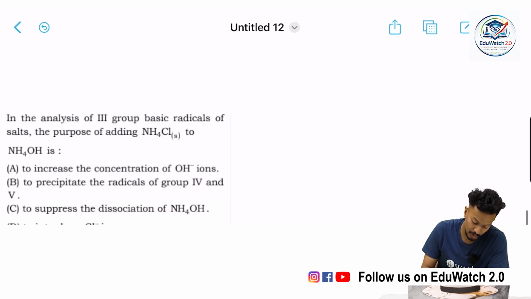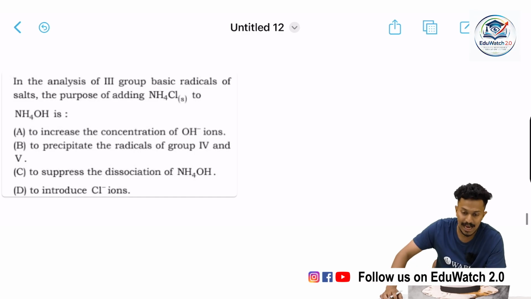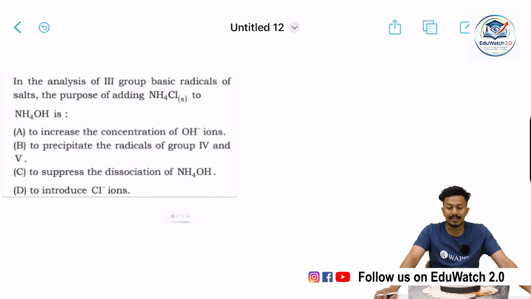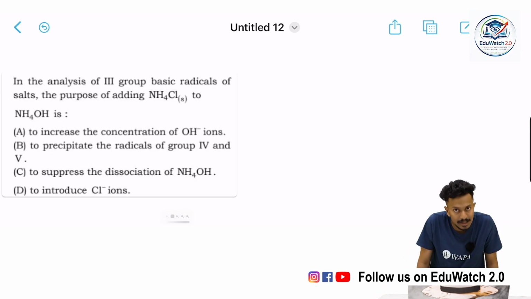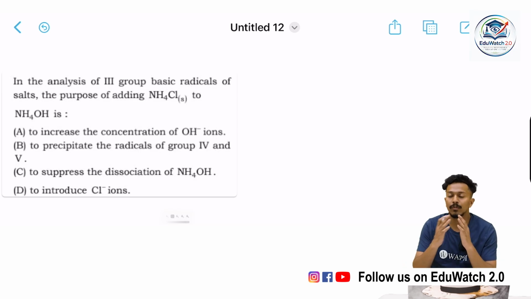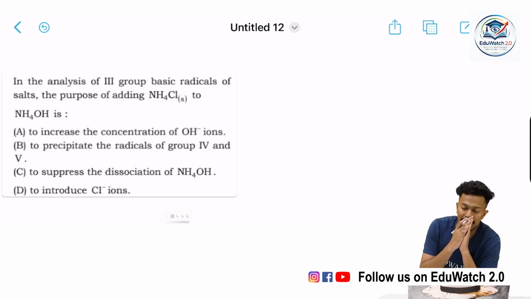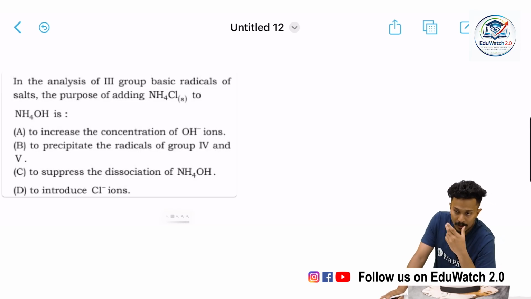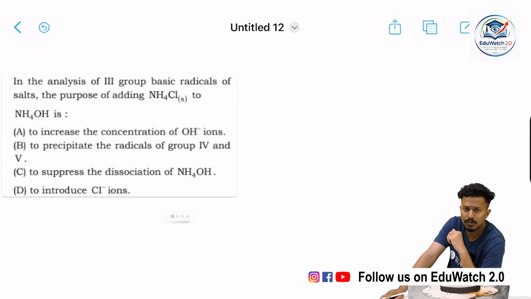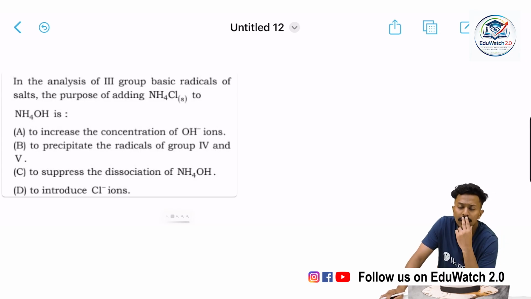Okay, moving on to our next question. In the analysis of group 3 basic radicals of salts, what is the purpose of adding ammonium chloride to NH4OH? We have discussed this, and we have done it in lab exams. In the salt analysis method we are using ammonium chloride to determine the group 3 basic radicals.